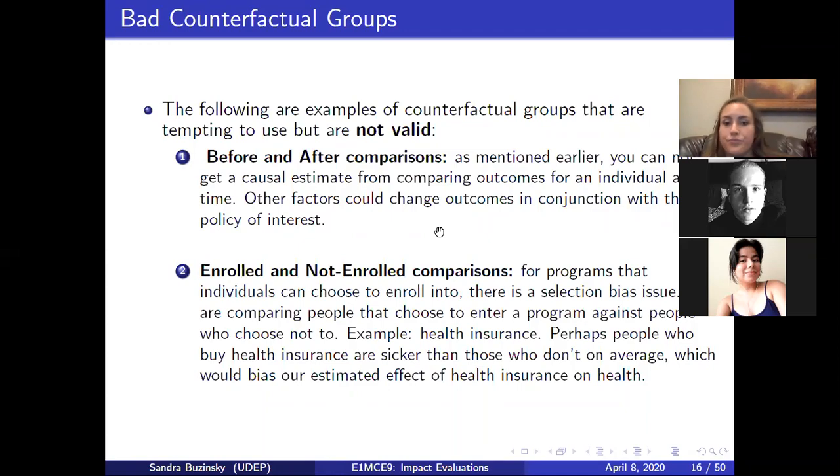So the first problem, the before and after, selection bias isn't an issue, but the fact that things change over time is. So time variant factors. And then the second one, enrolled versus not enrolled, selection bias is an issue.